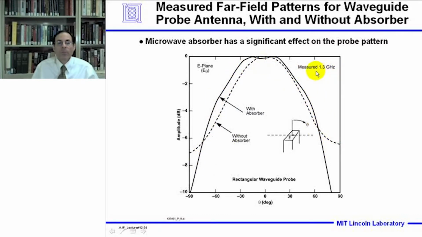This was measured at 1.3 gigahertz in the E-plane for this rectangular waveguide probe. And so the reason we used a V-dipole in the computer simulation was to vary the angle of the V-shaped element to match the radiation pattern of the rectangular waveguide probe with the absorber.